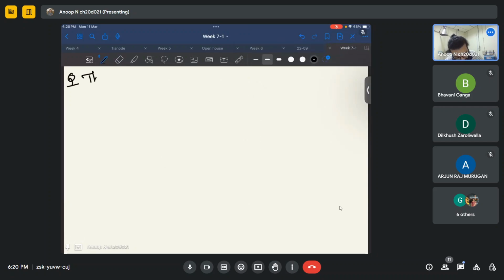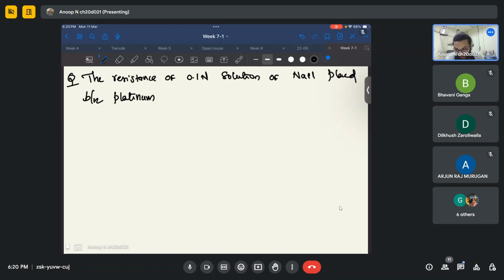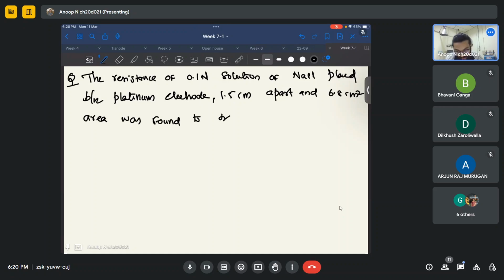The resistance of 0.1 normal solution of NaCl placed between platinum electrodes 1.5 centimeter apart and 6.8 centimeter square area was found to be 23 ohm.